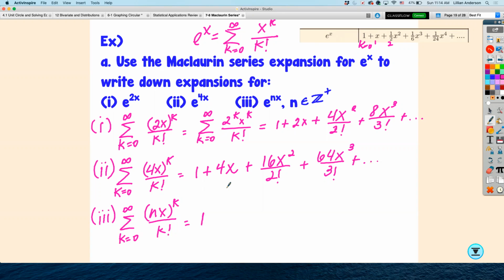So then this is going to be 1, as always, because again, anything to the 0 power is 1. The next term is going to be nx. The next term after that is going to be n squared x squared over 2 factorial, n to the third, x to the third, over 3 factorial. And as we can see, that is the general pattern. We take whatever that coefficient is, we multiply by x for the first term.